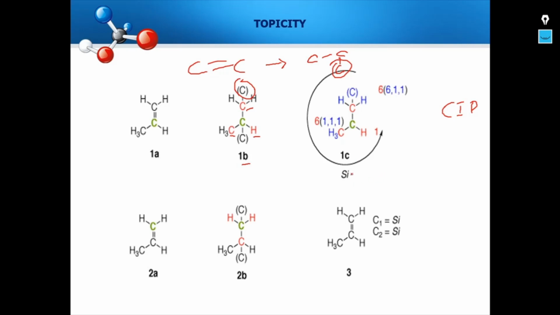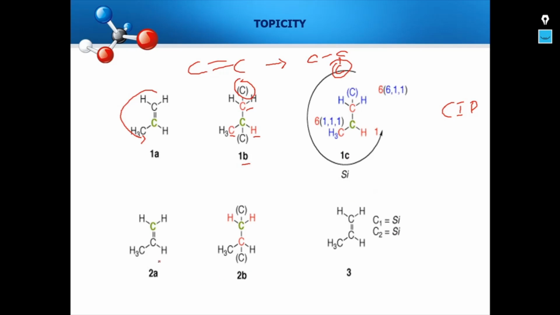Diagram 1C distinguishes the two carbon atoms, while the phantom carbon at C2 is dropped, since this carbon must be trigonal. Now C1, with 6, 1, 1, has priority over C3, which is 1, 1, 1. The face of propene in 1A is Si, so we move in an anticlockwise direction.